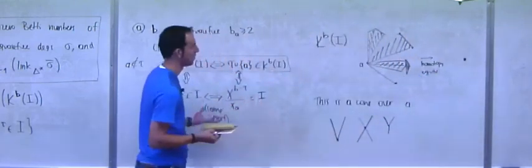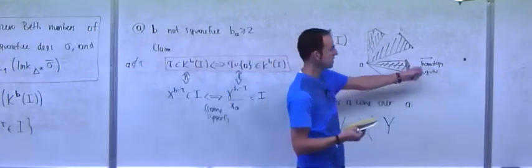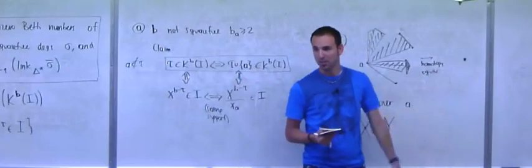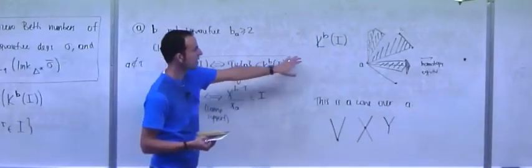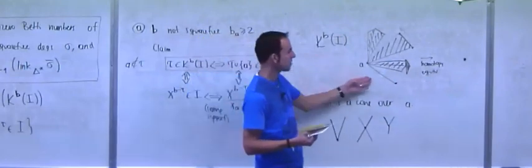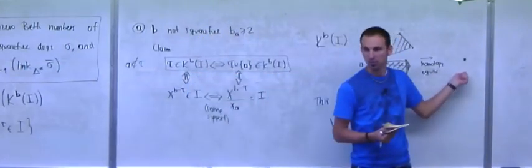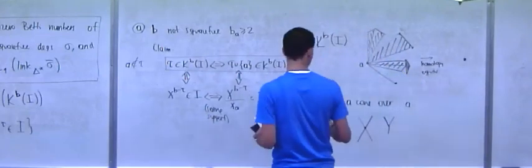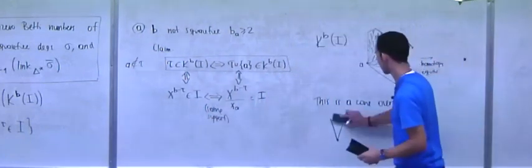But then, what this tells you is that if these guys are homotopy equivalent, they're supposed to have the same homology, right? I stated that. Now, we're looking for the homology of this guy, but what we're seeing is that it has the same homology of a point, and we know that the point has no homology. Everything is 0 for the point, because it's a cone over A. This is what's called contractible.